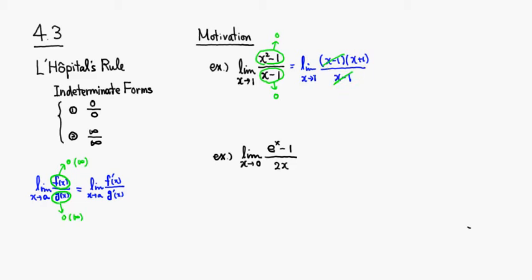Then we can plug in x equals 1, and you get 1 plus 1, so the limit is going to be 2. So this is sort of the old method.